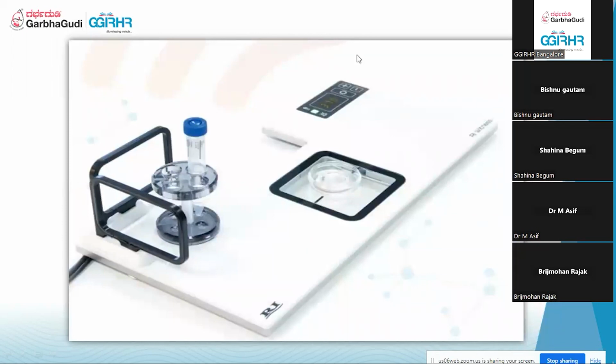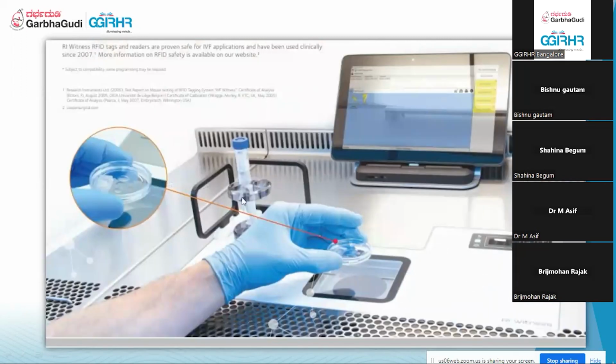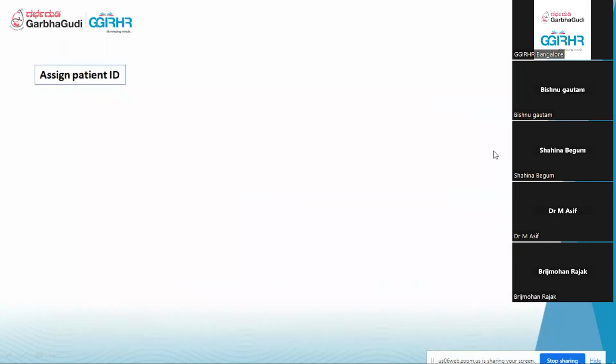This is somewhat in a precise way. This is an RI witnessing table. You can see here, the moment you place it, immediately it displays everything about the patient.